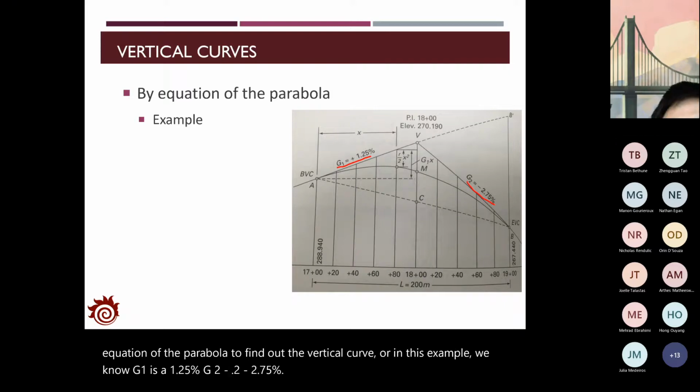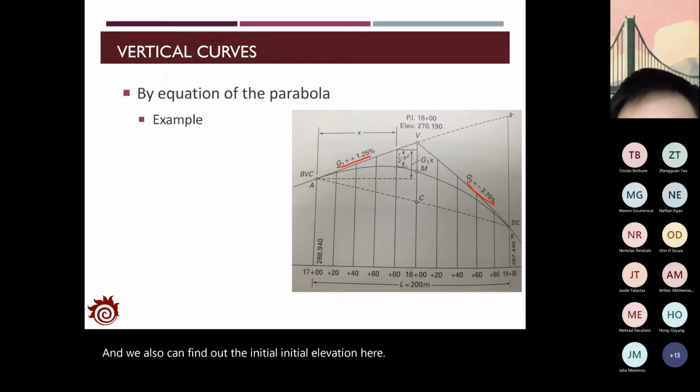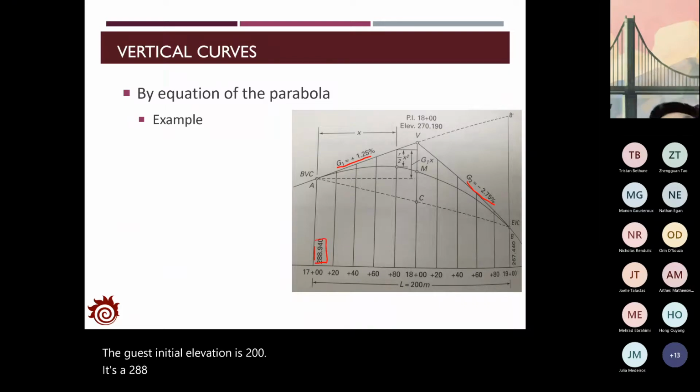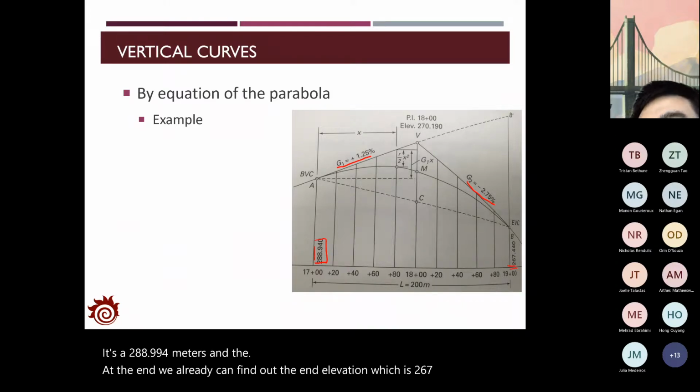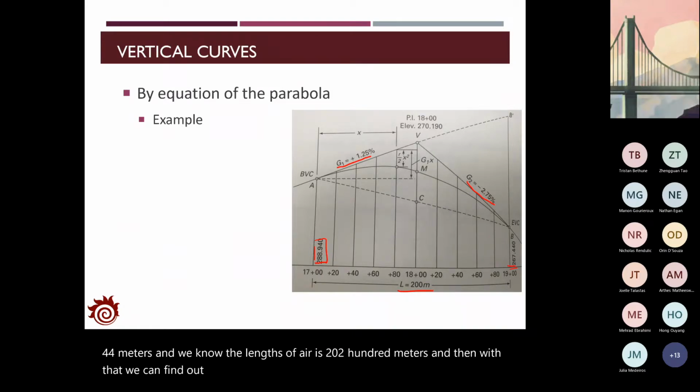And we also can find out the initial elevation, which is 288.94 meters, and the end elevation, which is 267.44 meters. And we know the length L is 200 meters. And then with that, we can find out the vertical curve.